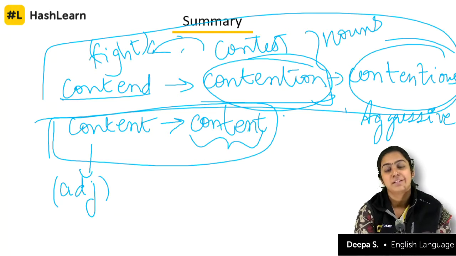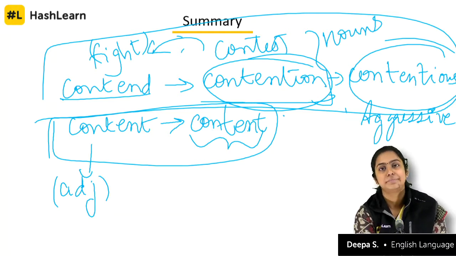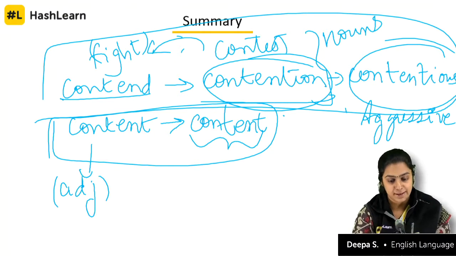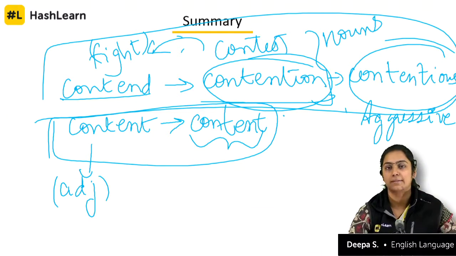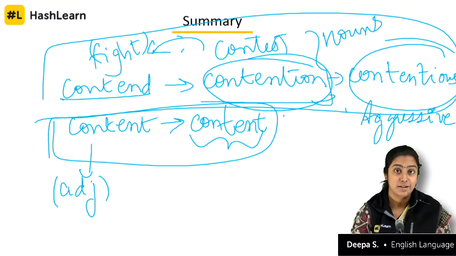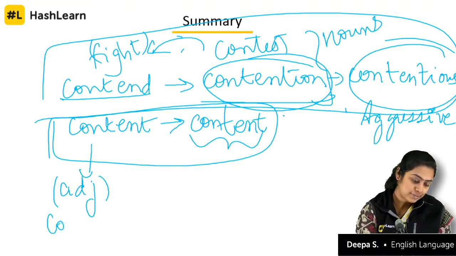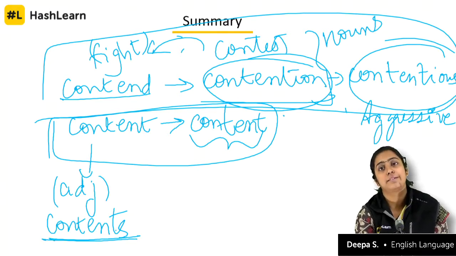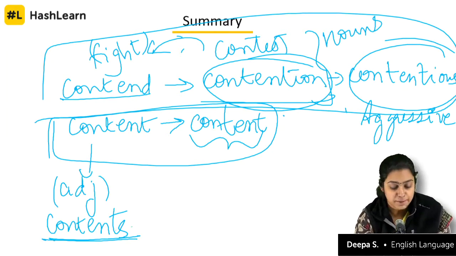Then the other content is the noun form. You can say, I have a lot of content when I go to the park and just sit there, relax and do nothing. Remember that it is pronounced differently. Contents of this letter, meaning components.